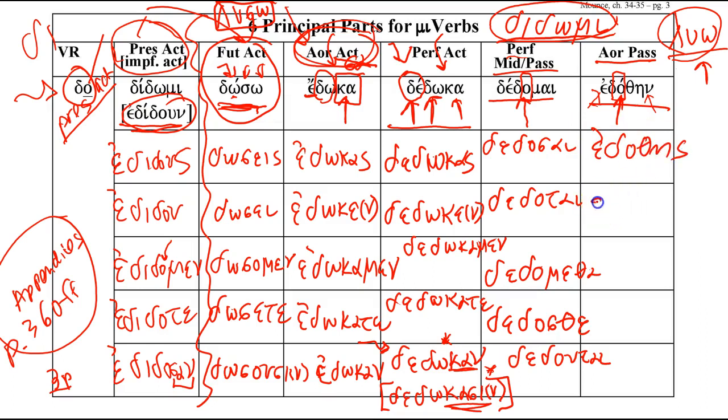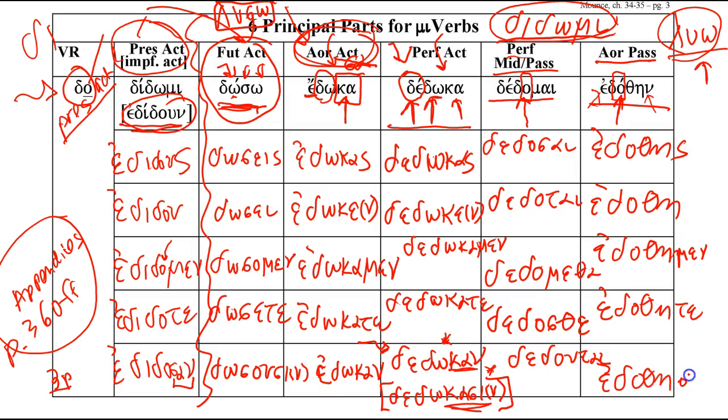Edothes, you were given. Edothe, he, she, it was given. Edothemen, we were given. Edothete, you all were given. And edothesan, they were given.